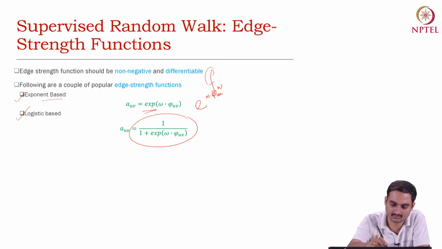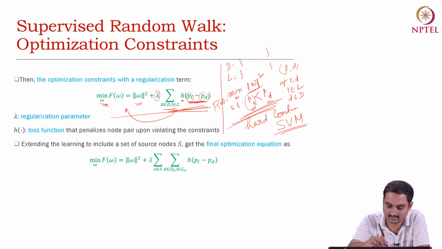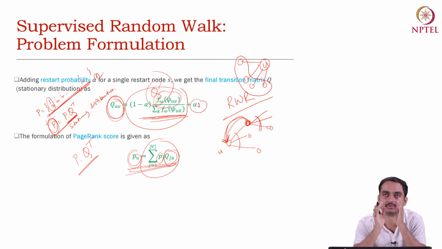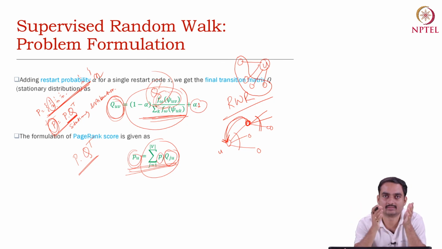Okay, so that's all. Now let me go back again and recap what we have discussed. First we have this adjacency matrix. We separate out the positive samples and negative samples. Positive samples are those nodes which are connected. Negative samples are those which are not connected.